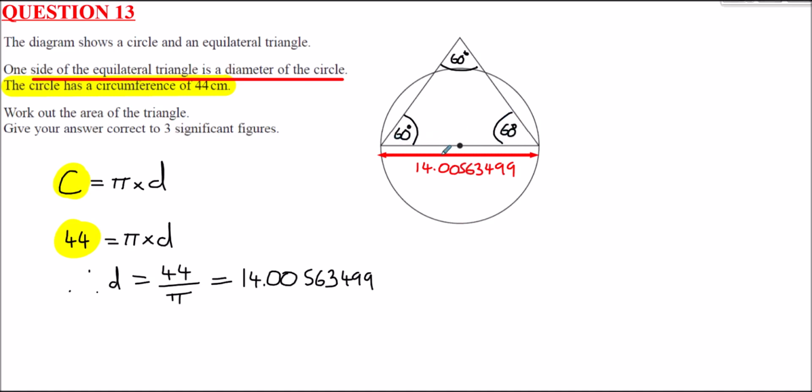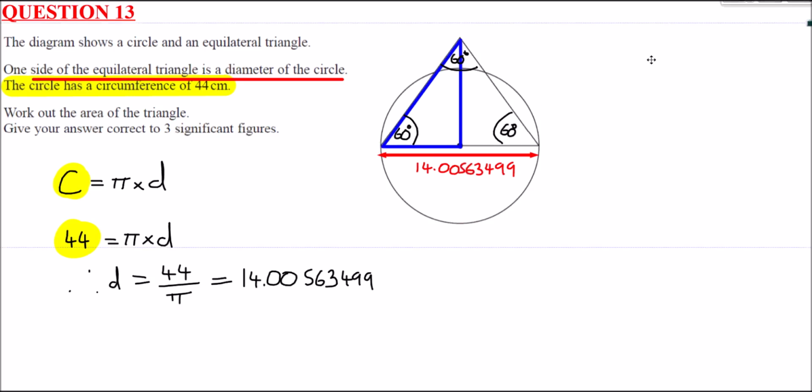And because this is 14.00563, I can just half that to work out this bit here, then do a perpendicular to make a right angled triangle from this, which I'm going to show you here. I'm focusing in now on this triangle, where this bottom side is going to be half of 14, because this bottom side is a radius from the middle touching the end, rather than a full diameter.